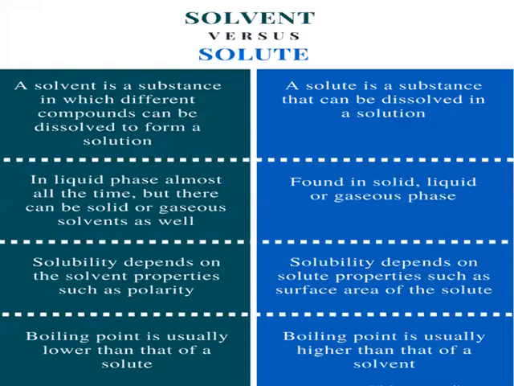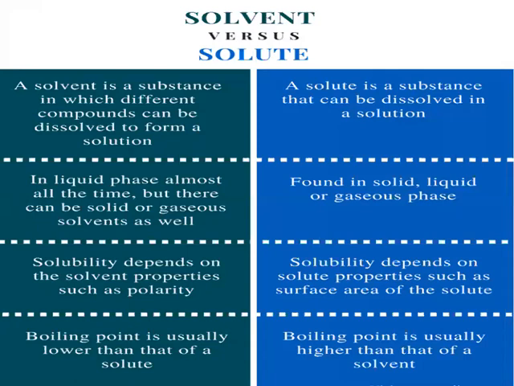Solvent and solute do sound similar but have differences. Solvent is always considered the component in the liquid phase where the other things are dissolved, whereas solutes can be in the solid, liquid, or gaseous phase.